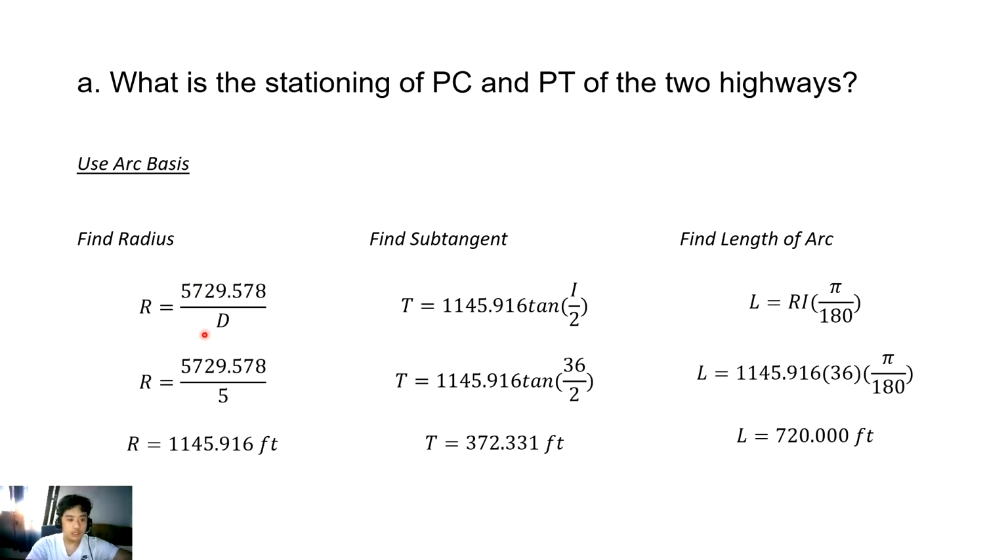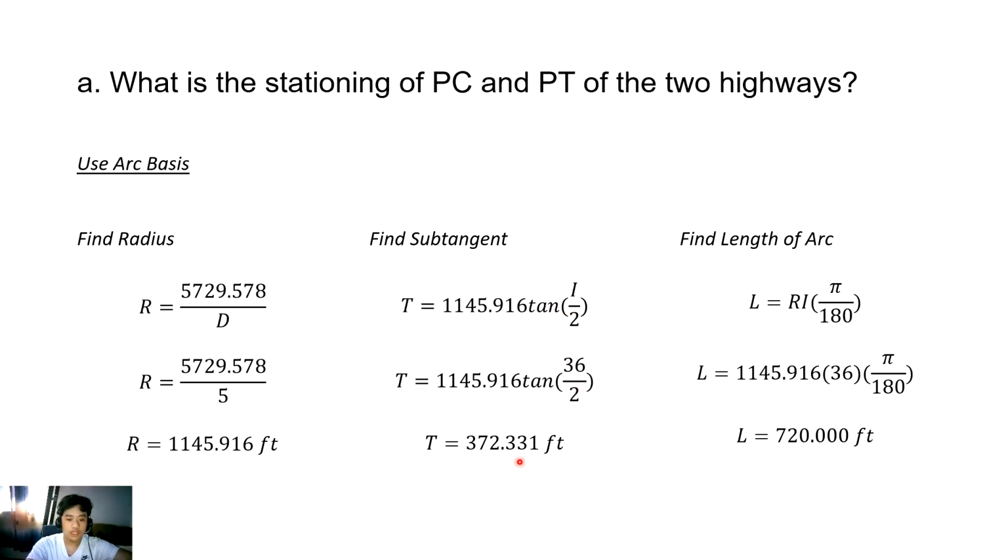So, substitute na natin yung D, which is yung 5, and we'll get 1145.916 feet. So, feet na siya since English system. Then, for the subtangent, 1145.916 tan I over 2. So, same lang siya ng formula na ginamit sa previous problem. So, substitute lang natin yung I, 36.